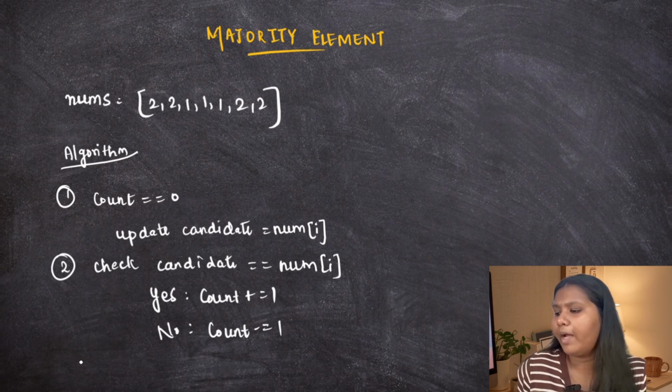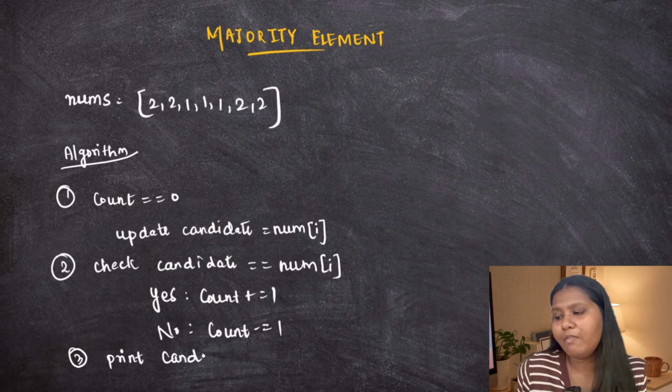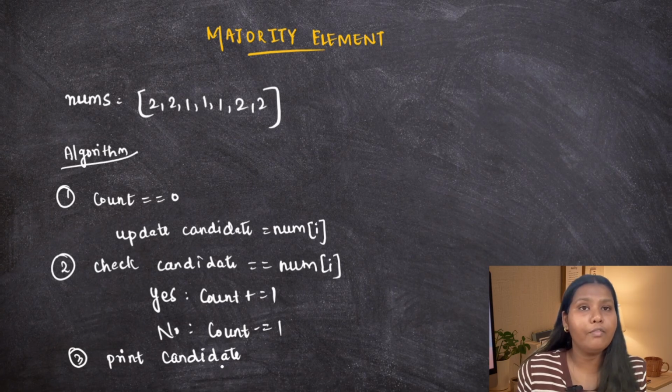And finally, print the value of candidate. So after traversing the complete array, we will be left with the value assigned to this candidate. That is the majority element present in that array.